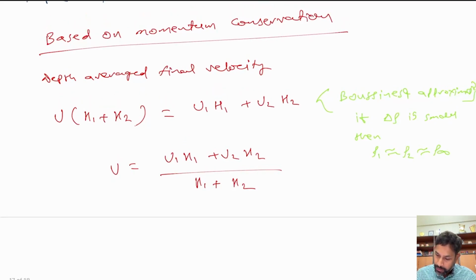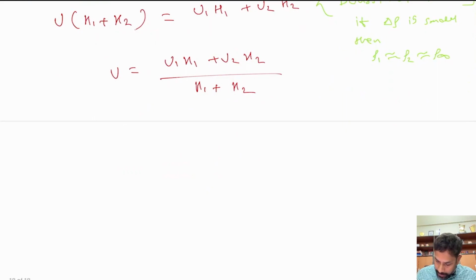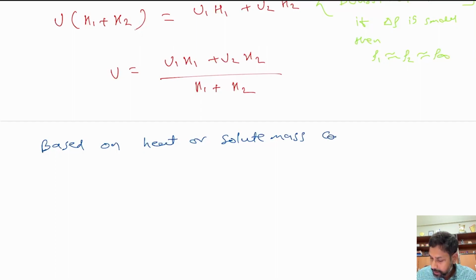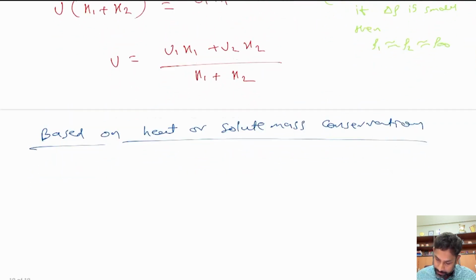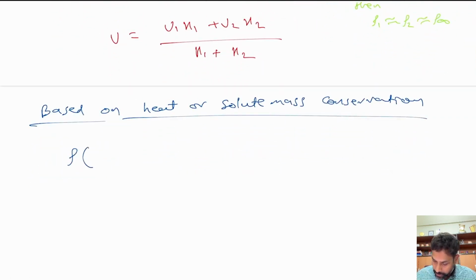Okay, so this is based on momentum conservation. Likewise, based on heat or solute mass conservation, we can define rho, the final value, as h1 plus h2 times rho equal to rho 1 h1 plus rho 2 h2.